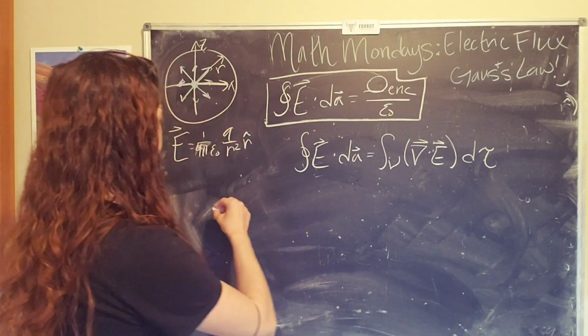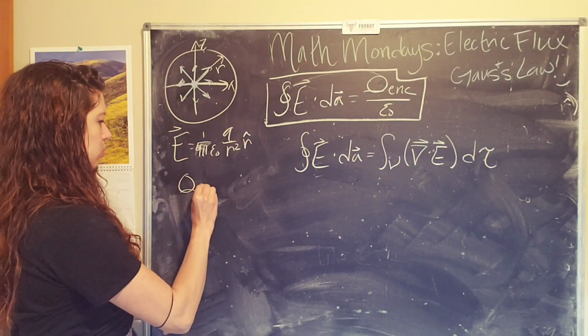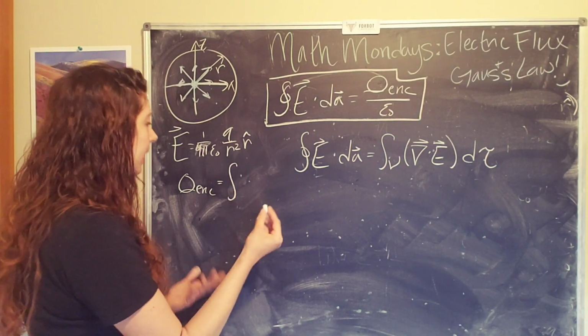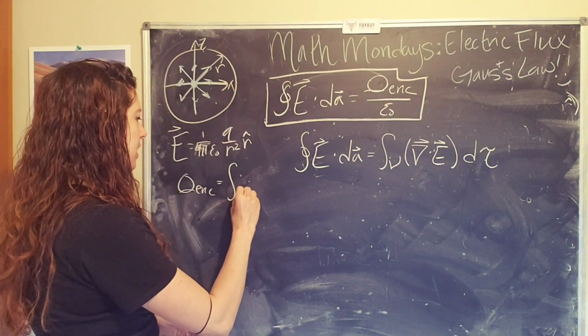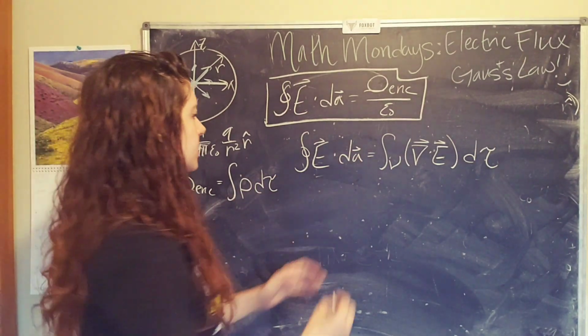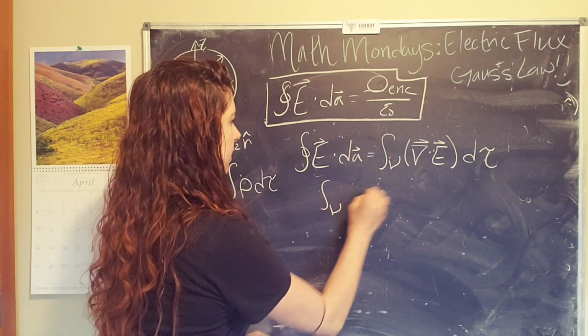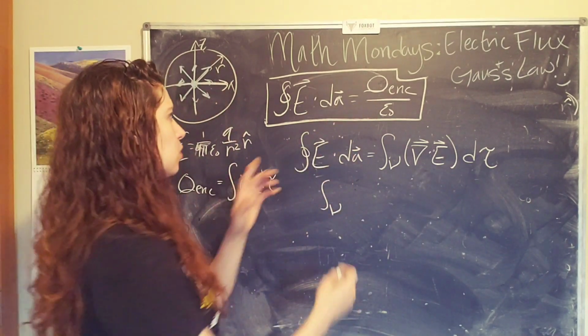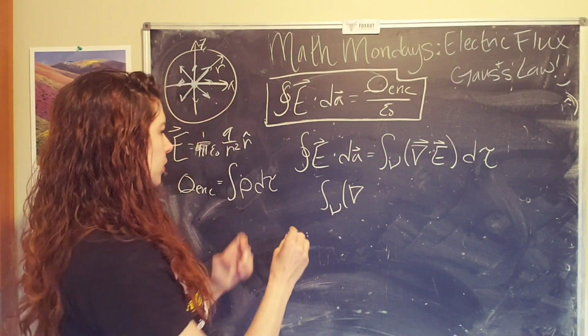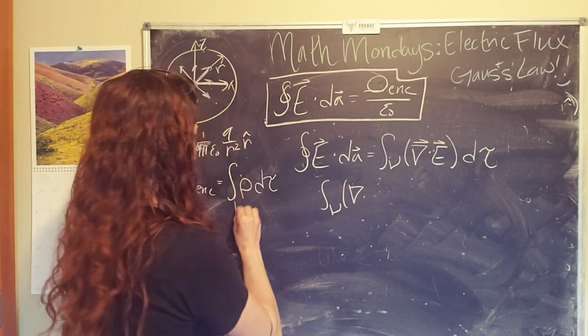We are going to use the fact that we can write Q enclosed as the sum, or the integral, this is kind of the same thing, over the charge density. And so what we'll do is we'll write these two equal to Q enclosed over epsilon naught with this integral notation, and that's over the volume.